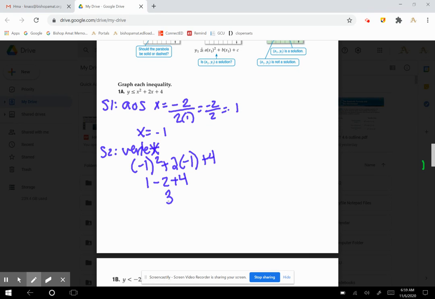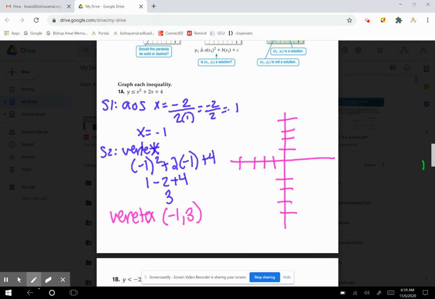So your vertex is negative 1, 3. So when we go to graph this, we're at negative 1, 3. The other thing we could do, remember, is get the y-intercept here. The y-intercept is 0, c. That's a review. So 0, 4 is right here.